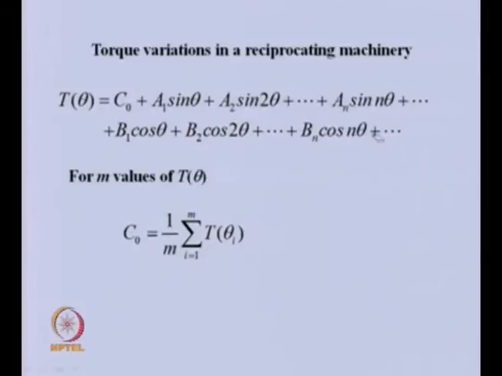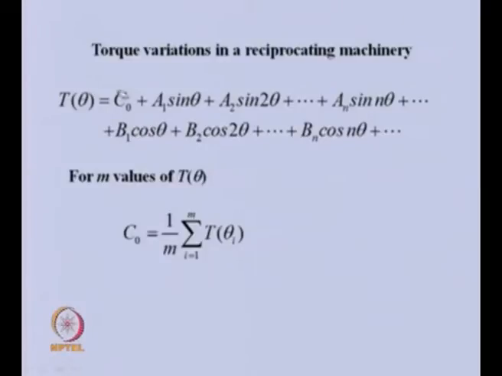Depending upon the accuracy we want, we can take n of any order, but n of 10 or 20 will be good enough for any practical purpose.